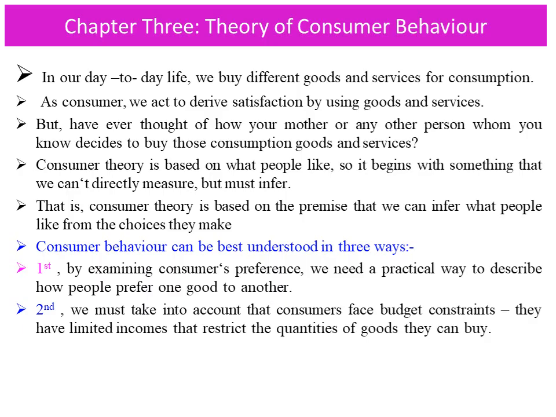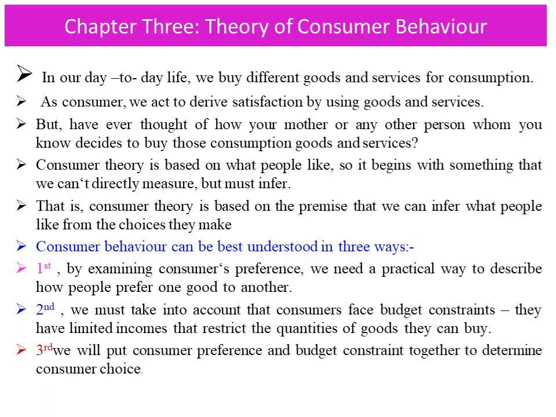They have limited incomes that restrict the quantity of goods they can buy. The third, we will put consumer preferences and the budget constraint together to determine the consumer's choice. This is how we can understand the behavior of the consumer.